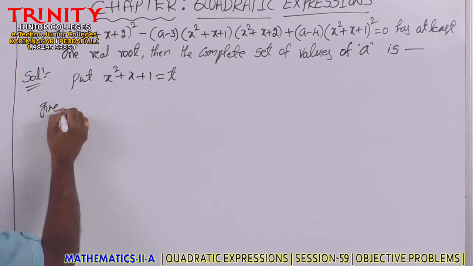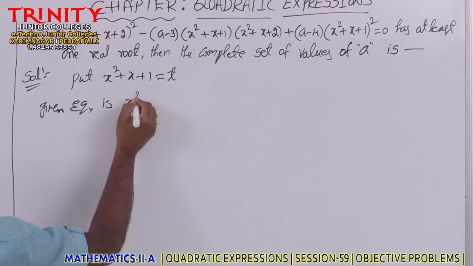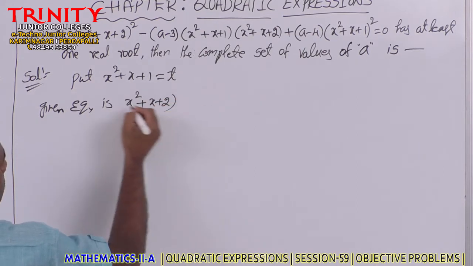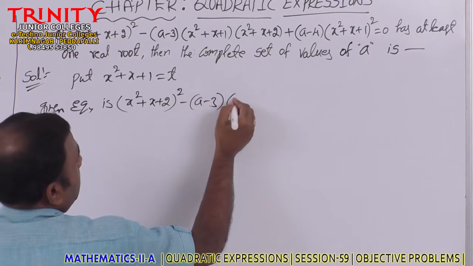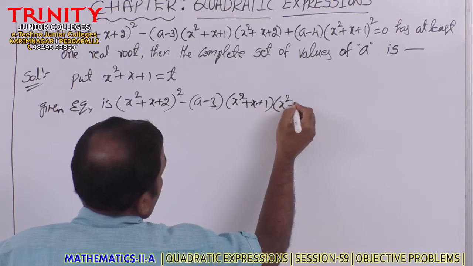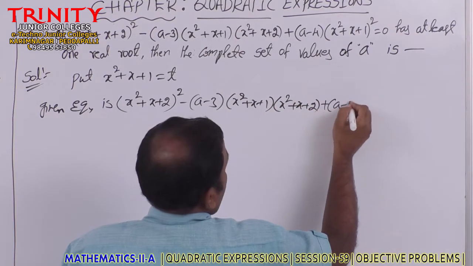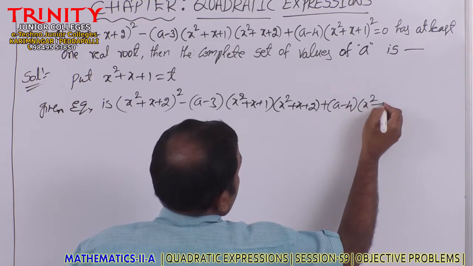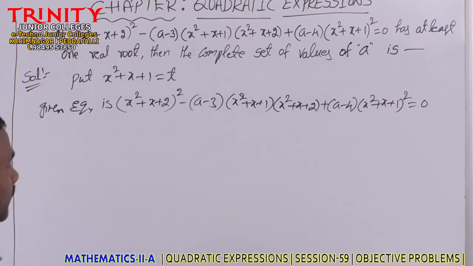Now this equation becomes, since the given equation is (x square plus x plus 2) whole square minus (a minus 3) into (x square plus x plus 1) into (x square plus x plus 2) plus (a minus 4) into (x square plus x plus 1) whole square is equal to 0.